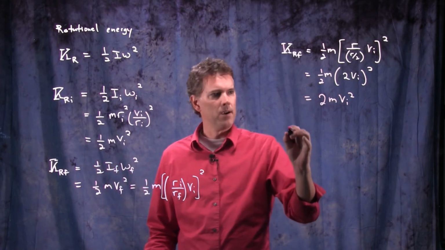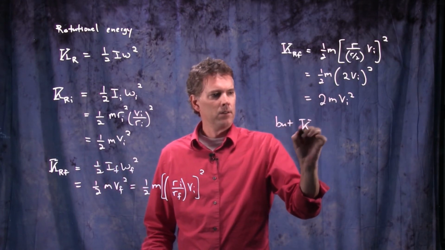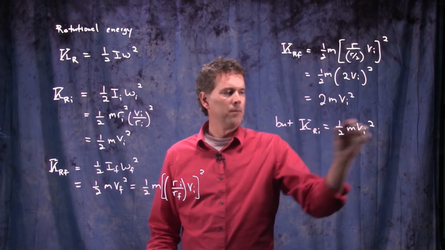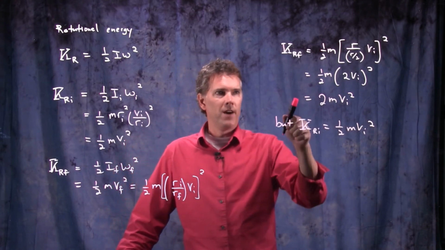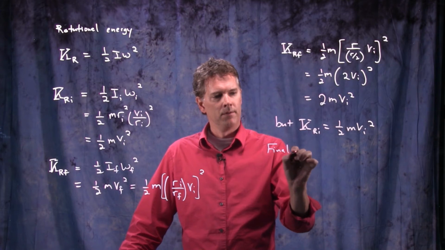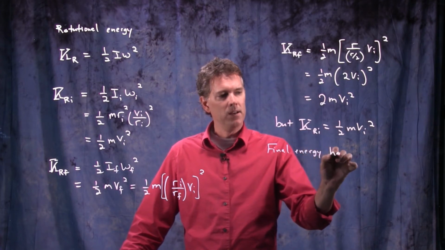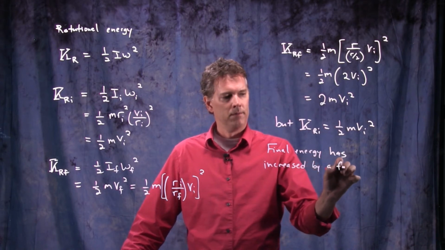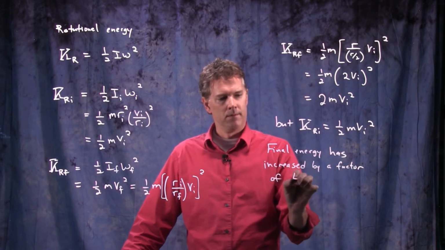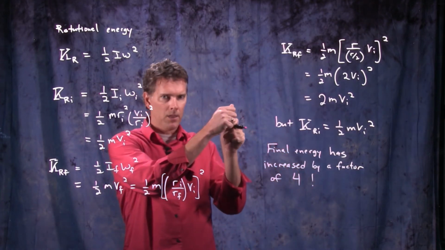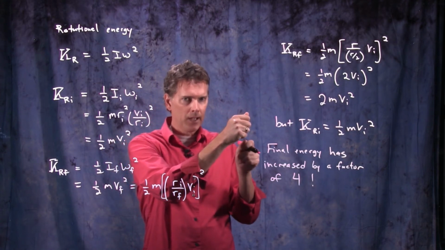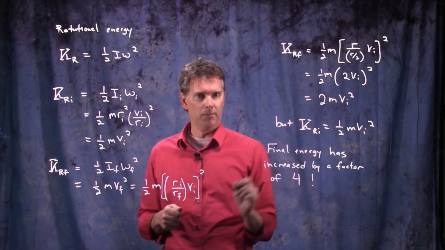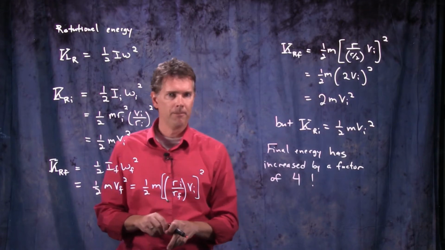The initial was just 1/2 m v initial squared. And so our final energy has increased by a factor of 4. Somehow just pulling on that string, half the length of the string, that ball is now rotating with 4 times the energy that we had before.